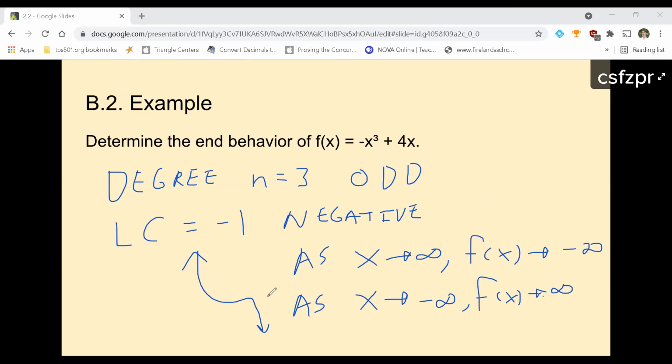Let's say you're taking the ACT and they ask you a question about this and you do not remember the test. What is an easy way you could just check this answer really quick? I mean, you could graph it, but even easier, you just plug in 1,000,000 or 10,000 and see what the answer is. If you do -10,000 cubed plus 4 times 10,000, the answer is -9 times 10 to the 11th power.